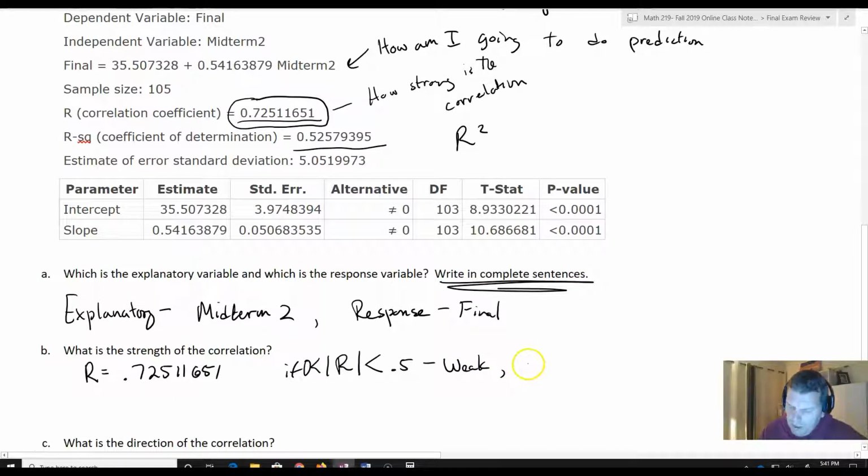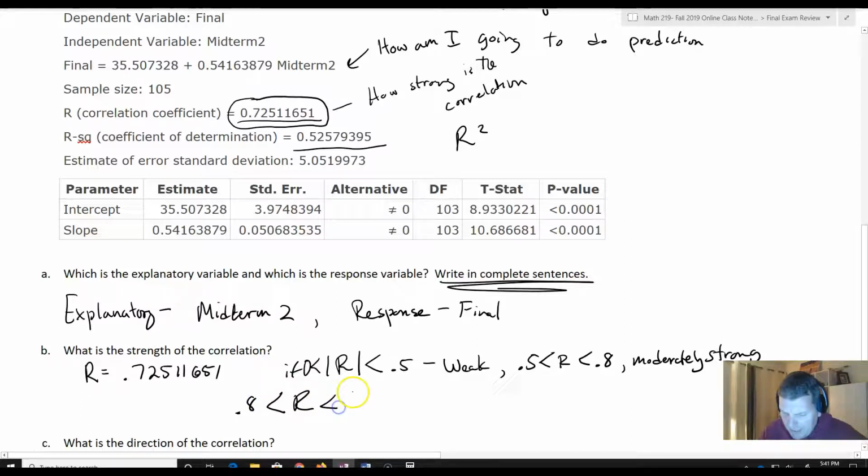If r is greater than 0.5 but less than 0.8, then I'm going to say that it's moderately strong. And if r is greater than 0.8, and obviously less than or equal to 1, then this means that the correlation is strong.